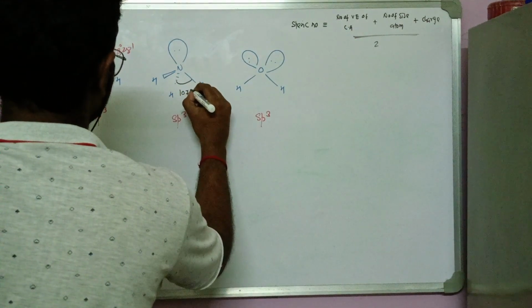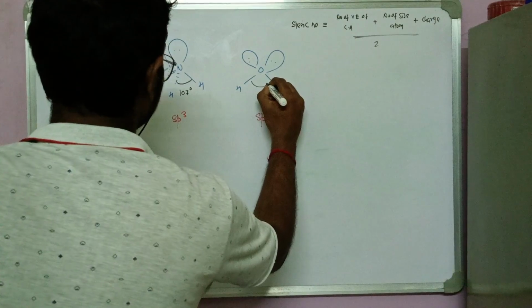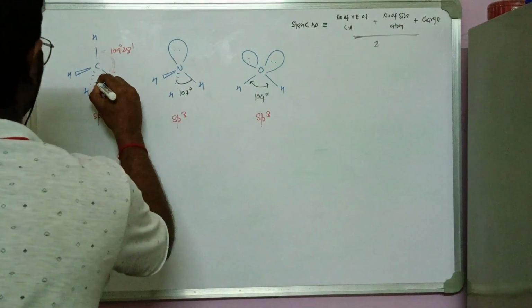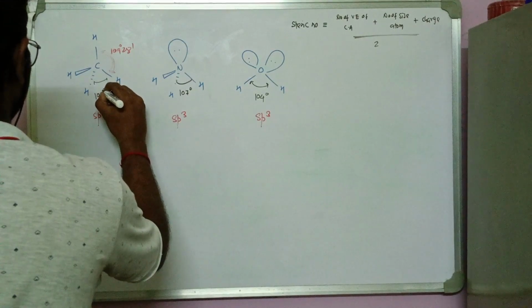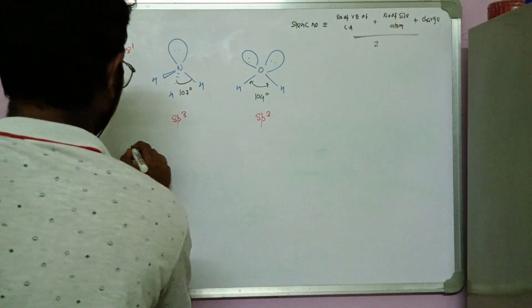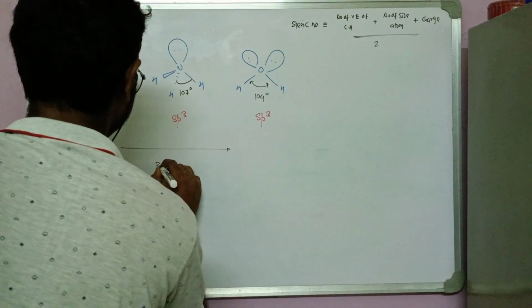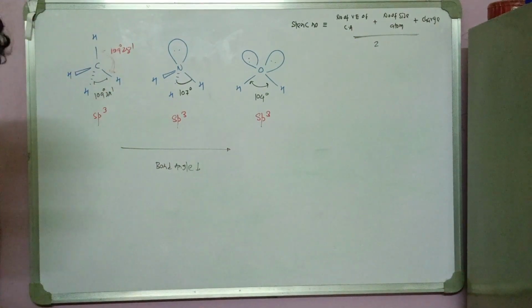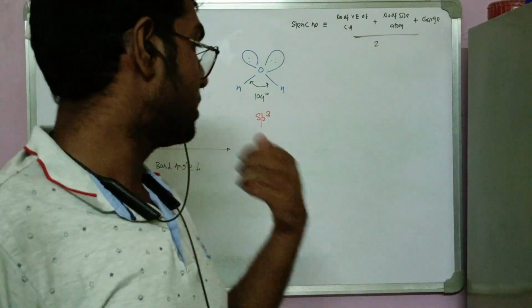This angle is 107 degrees, this angle is 104 degrees, and this angle is 109 degrees 28 minutes. So we can see that from the methane molecule to ammonia to water, the bond angle is getting decreased. The theta is getting decreased, but still we are considering it to be sp3 hybridization.